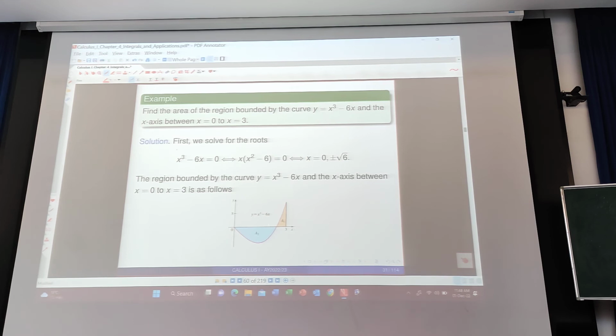You have only one intersection, which is 0 here, of course, and square root of 6. So you should have the point of intersection between the curve and x-axis. So then, how about the region bounded by this curve and x-axis? This part and that part. Đọc cho kỹ đầu bài. Hình giới hạn bởi đường cong và trục hoành thì cả hình này lẫn hình này đều thuộc phần mà ta phải tính, và ta phải tìm area.